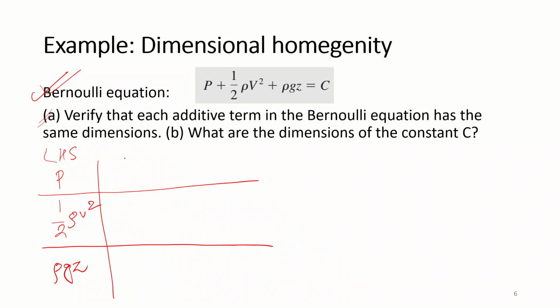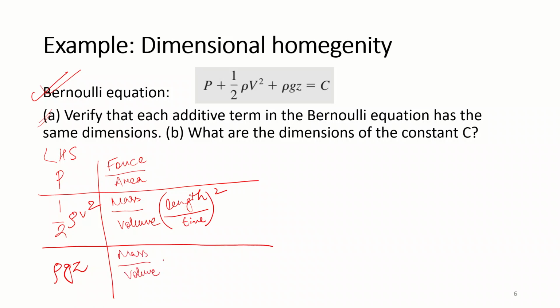The first term can be written as force by area, and then this one is mass by volume, density, and then length by time. G's unit is L T to the power minus 2.